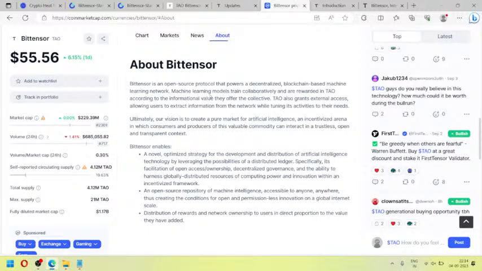Machine learning models train collaboratively and are rewarded in TAO according to the information and value they offer the collective.